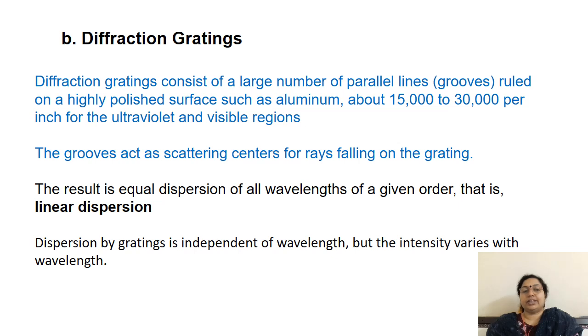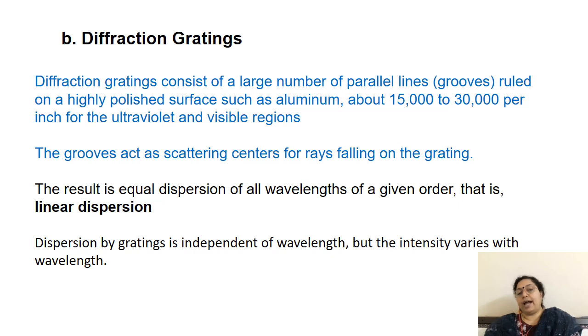Next is the diffraction grating. A diffraction grating consists of a large number of parallel lines or grooves ruled on a highly polished surface such as aluminum. There are about 15,000 to 30,000 such grooves per inch for diffraction of ultraviolet and visible light.